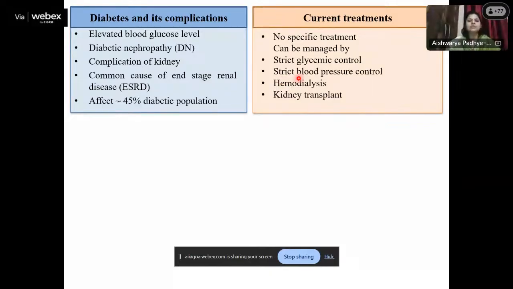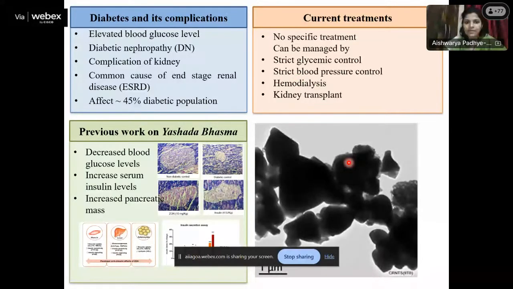So previous work in our lab on Yashada Bhasma led us to the nanoparticles of zinc oxide. In our lab, we synthesized zinc oxide nanoparticles through chemical reaction and studied their anti-diabetic effects. And we found the synthesized particles had good anti-diabetic activity, with an increase in serum insulin levels as well as increased pancreatic beta cell mass in animal models.